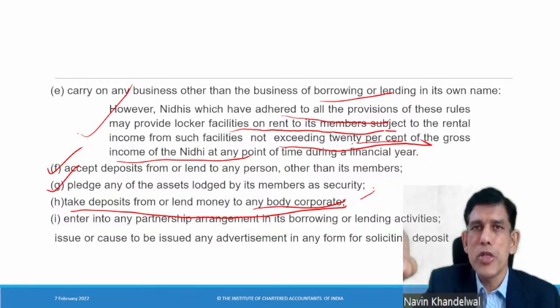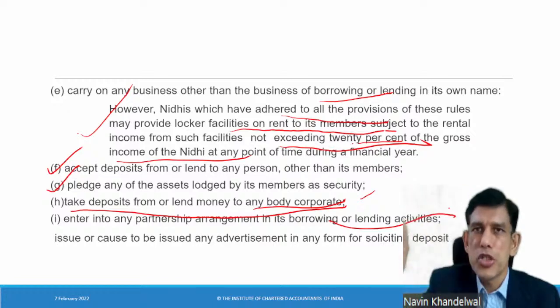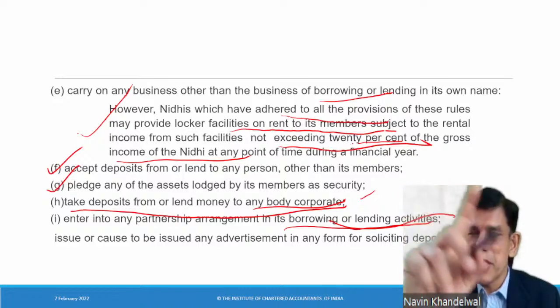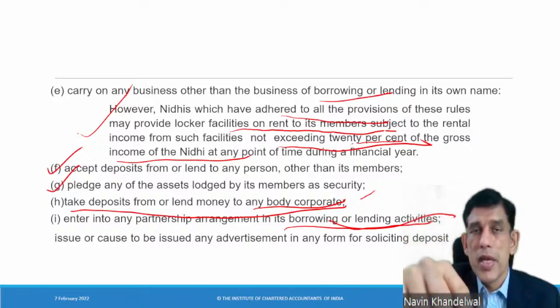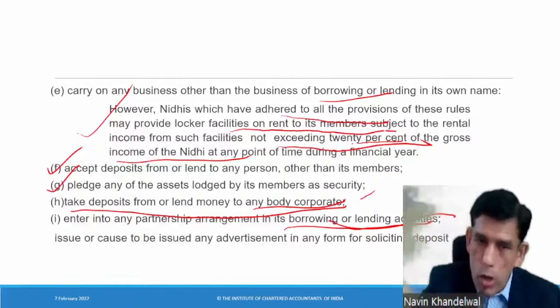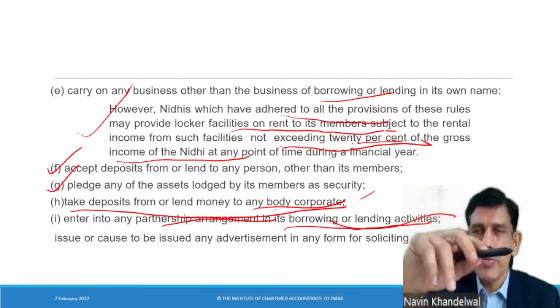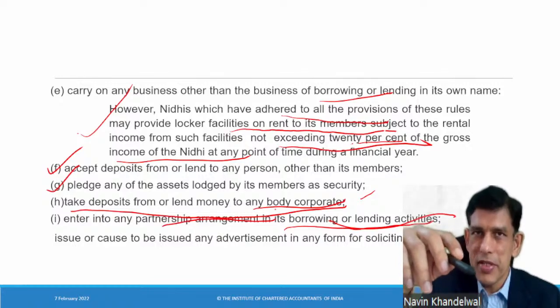A Nidhi company enters into an agreement with another finance company, Paytm, for lending activities. Answer is no. In its borrowing or lending activities, they cannot do it. Even if Paytm is telling that I will lend it only to your members, no. You cannot enter into any partnership arrangements for borrowing or lending activities.